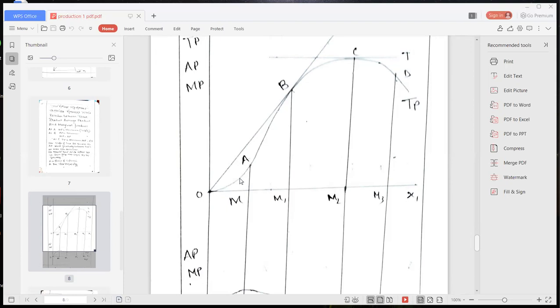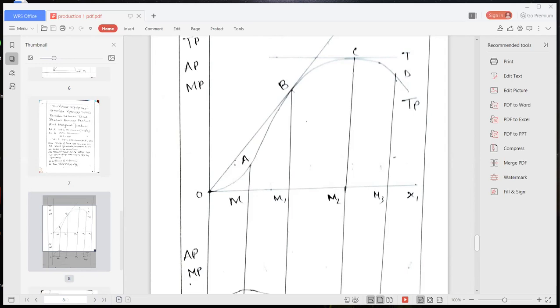Convex means the total product curve is increasing at an increasing rate, and after A, it increases at a decreasing rate, and at the point A, it increases at a constant rate. That means A is a point of inflection.